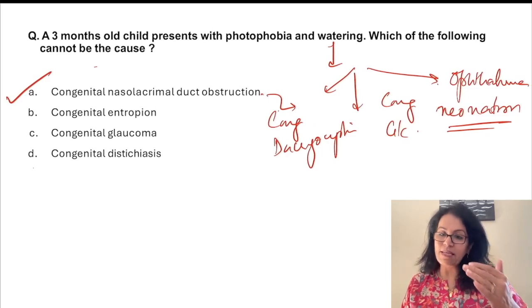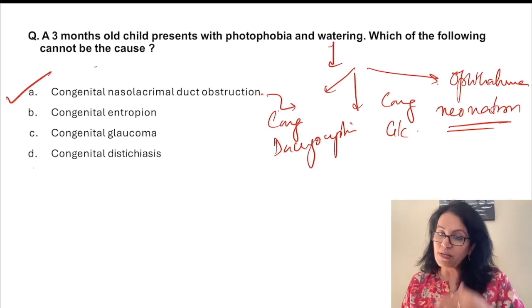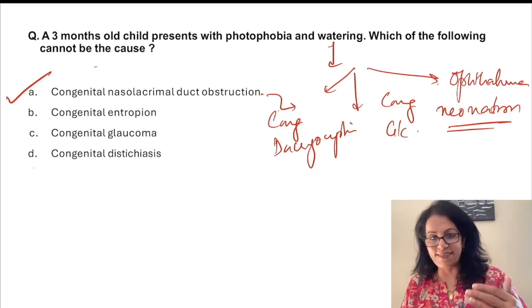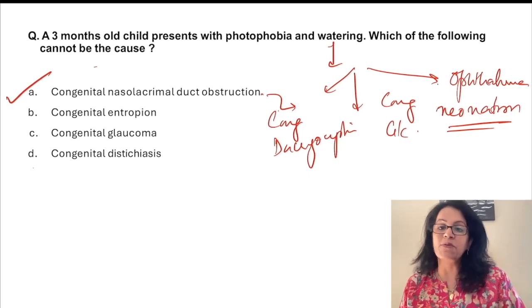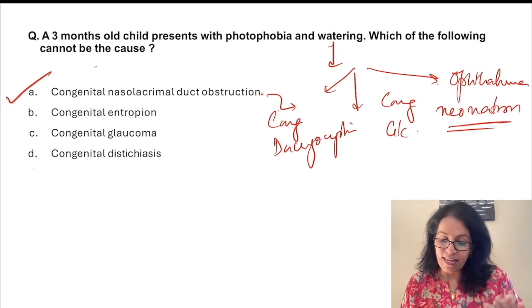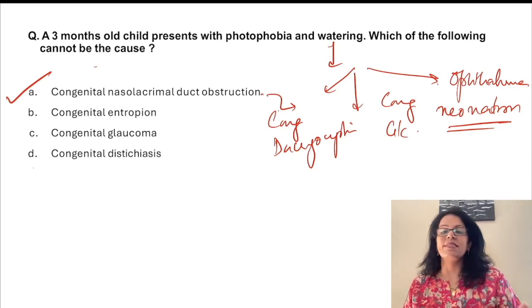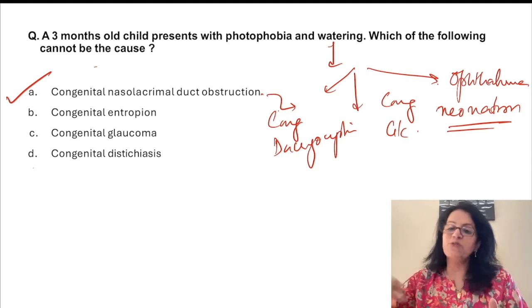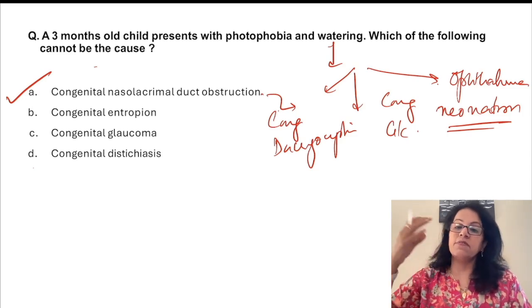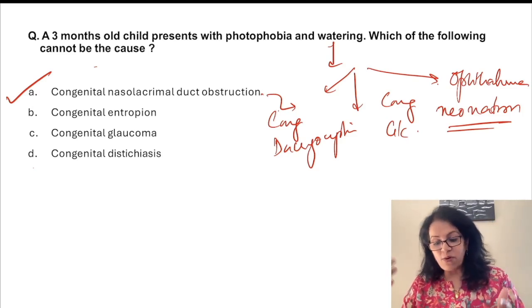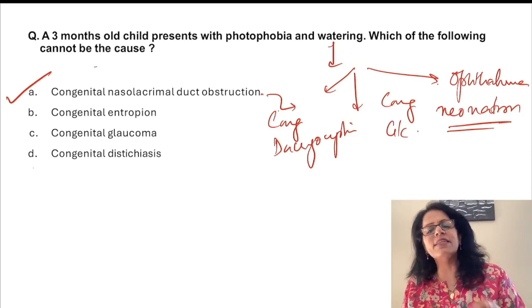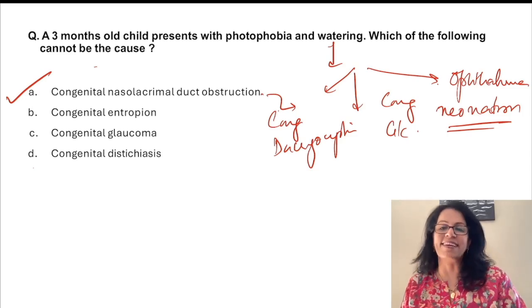Because all three B, C, and D are majority of the time bilateral, but maybe unilateral. So we have to look at the framing of the question. As of now, with this question, we have got this only by exclusion. Because any chronic dacryocystitis, if it is too chronic, may cause a lot of infection and may cause even photophobia. But that is because it's the least chance we are marking it. Not totally clear of it.